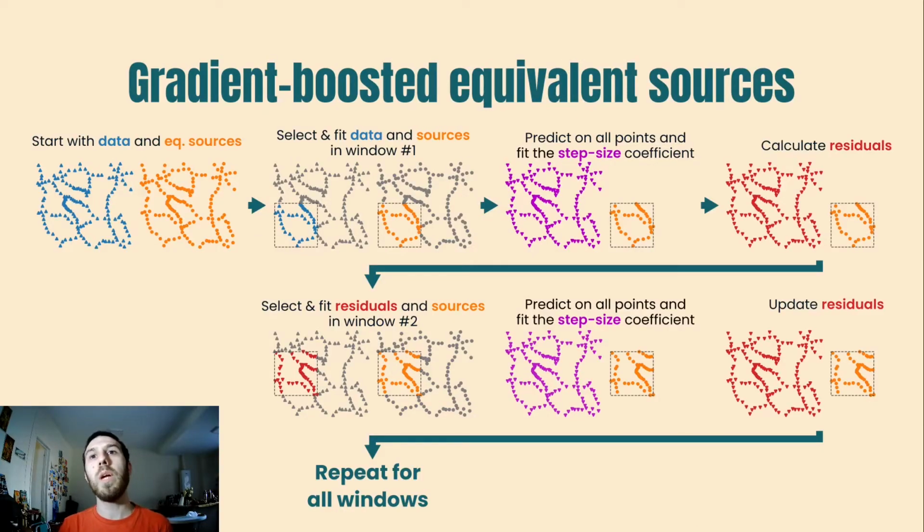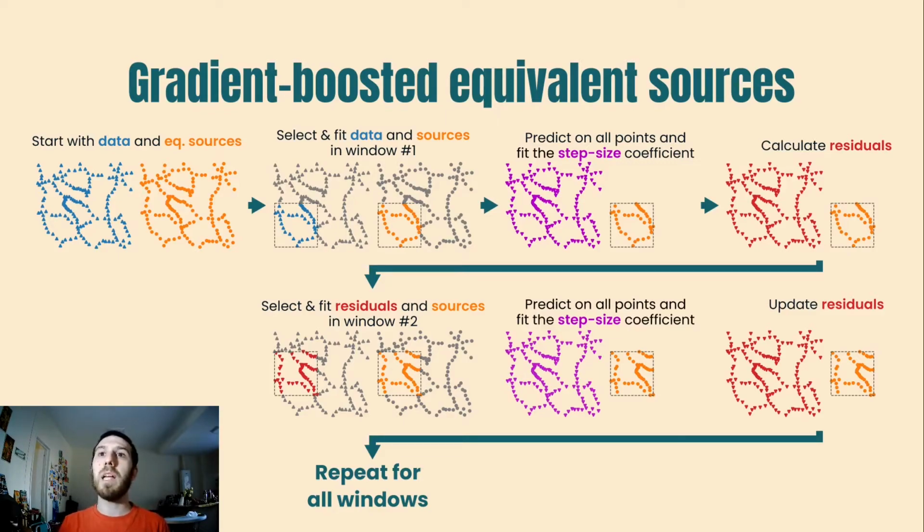So, how do we estimate the coefficients of these new gradient-boosted equivalent sources? Let's start with the same example, data and sources. On the first iteration, we select the data and sources that fall under the first window and estimate their coefficients by solving a simple linear problem. Then we predict the field generated by these sources on every point and estimate the step size coefficient for that window.